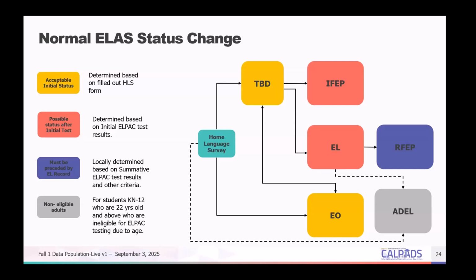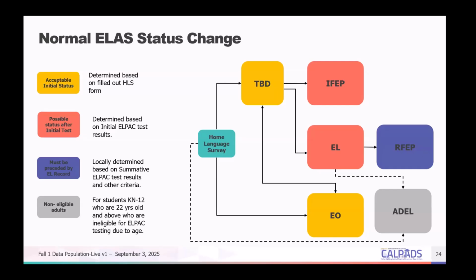If a TK to 12th grade student with an ELAS of EL becomes 22 years old, they will be placed in ADEL status. If a student with an ELAS of EL is tested with the summative LPAC and the results indicate English proficiency, the student will be placed in RFEP status.